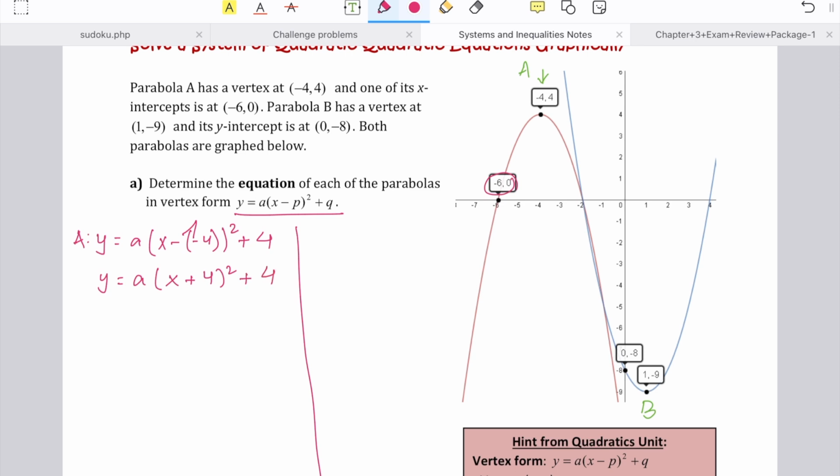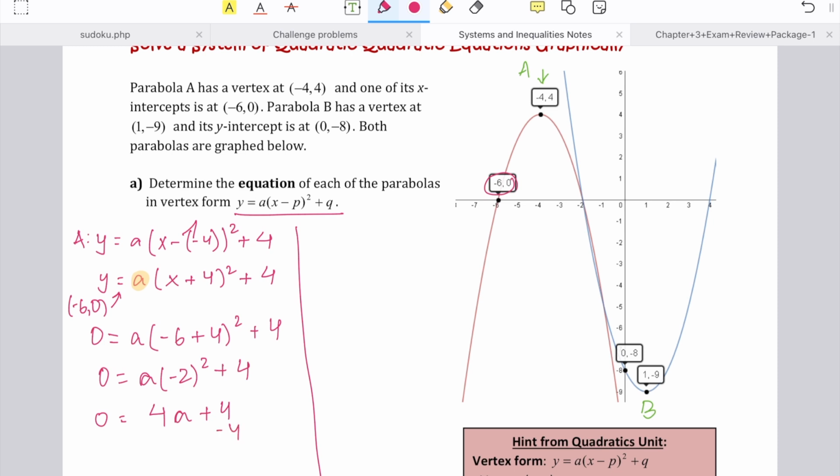Now I have a point -6, 0, and I'll have to substitute it into this equation to find the value of my a. So y is equal to 0, x is -6: 0 is equal to a(-6 + 4) squared plus 4. So I have 0 is equal to a(-2) squared plus 4. -2 squared is 4a.